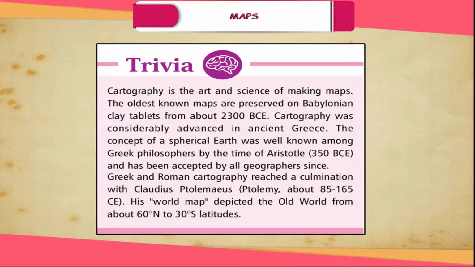Greek and Roman cartography reached a culmination with Claudius Ptolemy, about 85 to 165 CE. His world map depicted the Old World from about 60° north to 30° south latitudes.